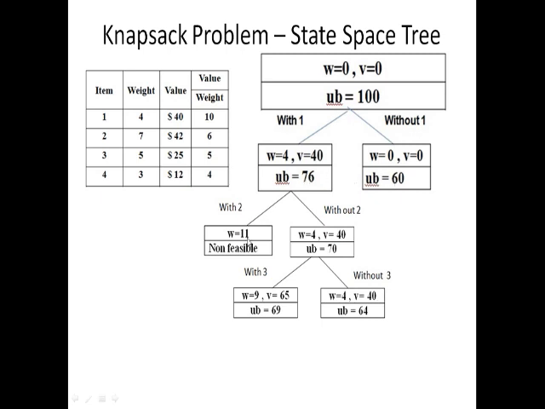It is extended. Here we get, it is not feasible because it exceeds the maximum capacity of the knapsack. We consider without 2, 70. Here we have calculated two values by adding 3 and without adding 3. So with adding 3 and without adding 3, you will be getting the maximum values with adding 3. So this is considered the promising node and that is expanded.